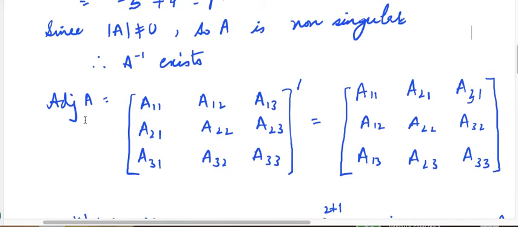Now adjoint A is the transpose of the cofactor matrix. Corresponding to every element a11, a12, a13 we have cofactors which we name with capital A. A11, A12, A13 are the corresponding cofactors, and when you take their transpose, rows become columns and you get the new matrix, and this is your adjoint A.